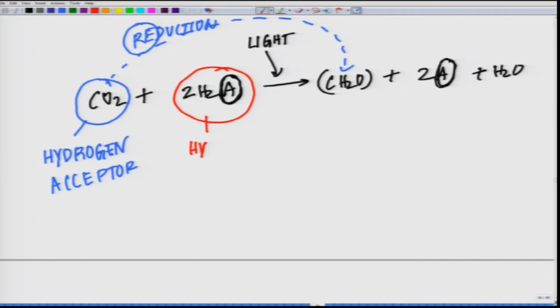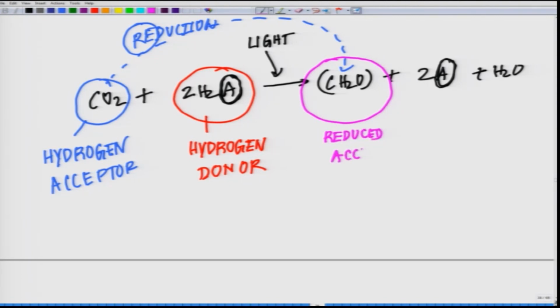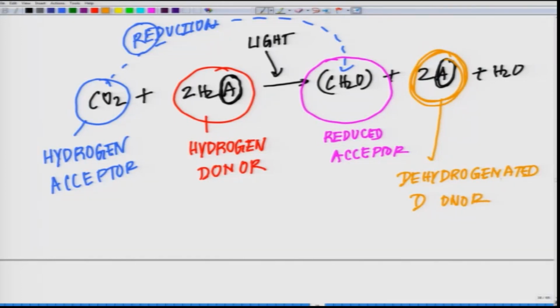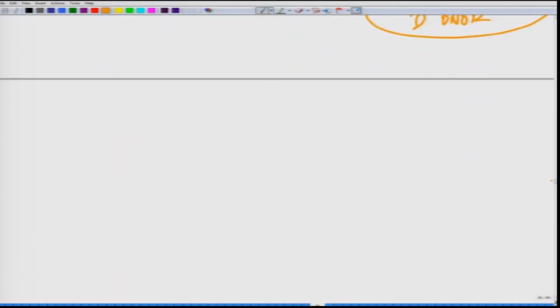The product, which is carbohydrate, is your reduced acceptor, and 2A is the dehydrogenated donor, the one which has donated the hydrogen or the electron.